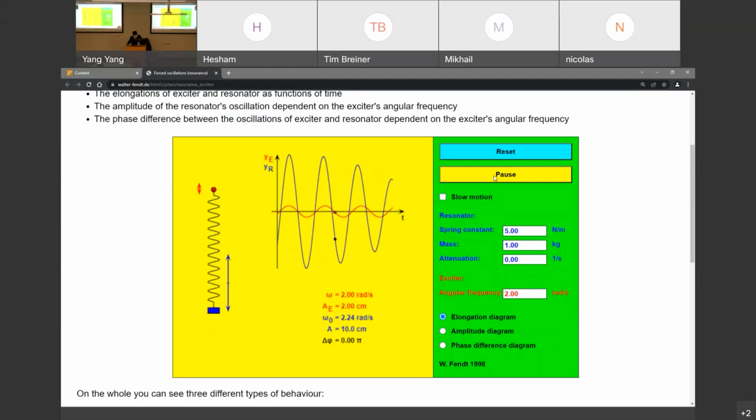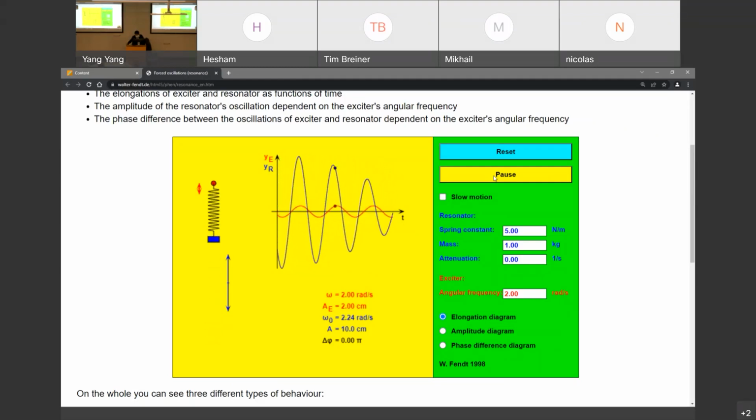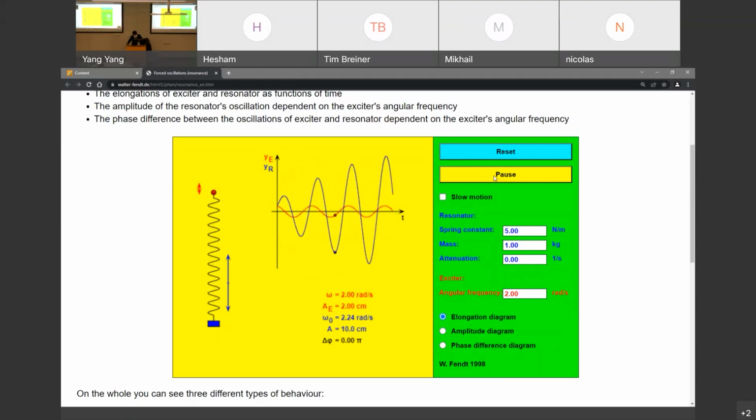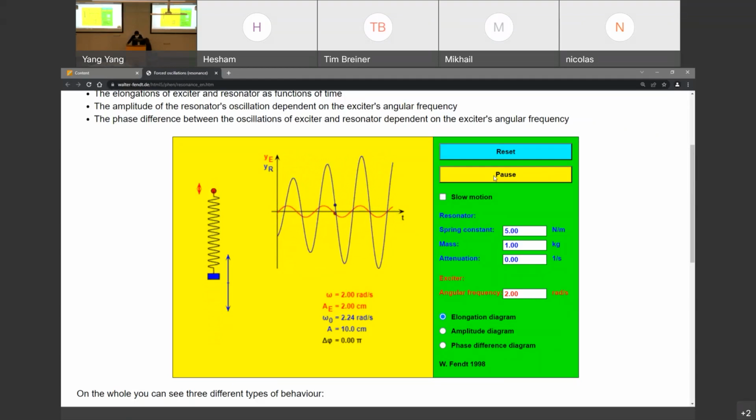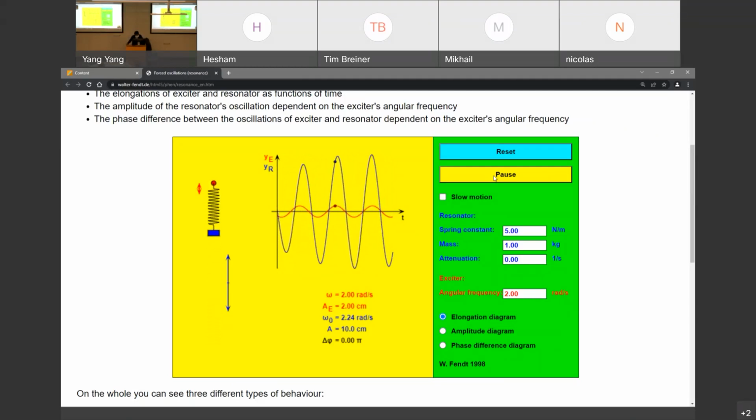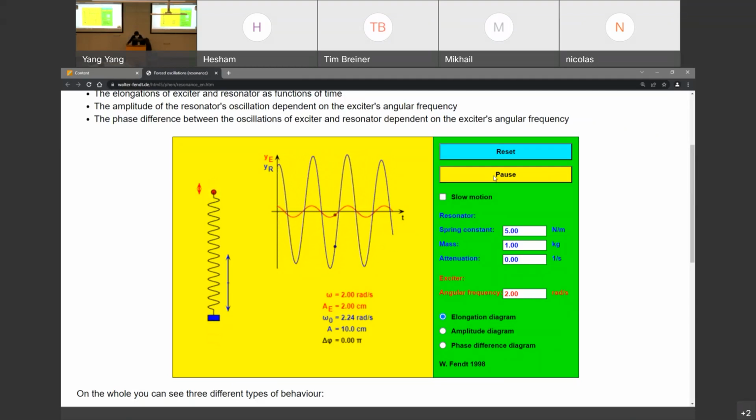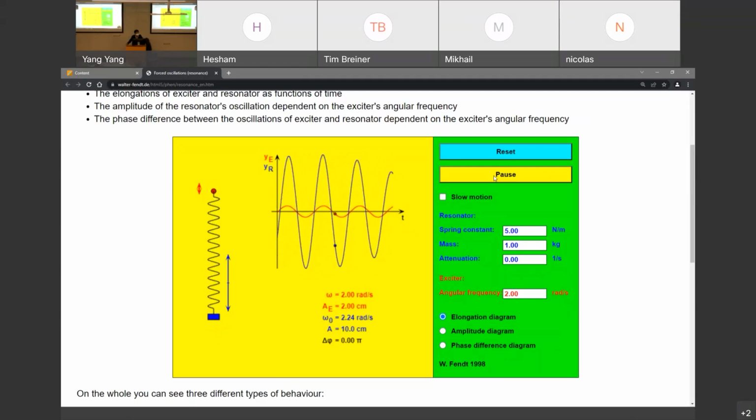As you can see here, the response is highly dependent on the ratio between the frequency of the input, the external force, and the frequency of the system itself. That's angular frequency equal to 2.